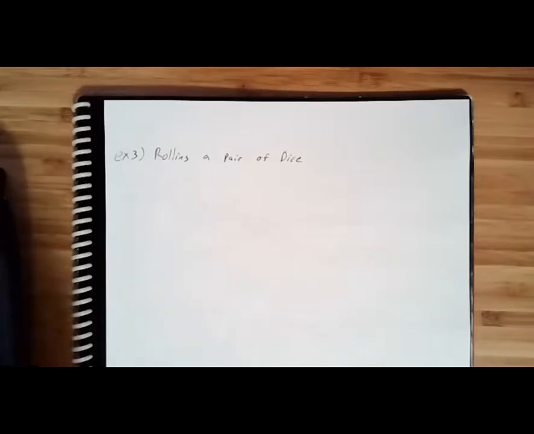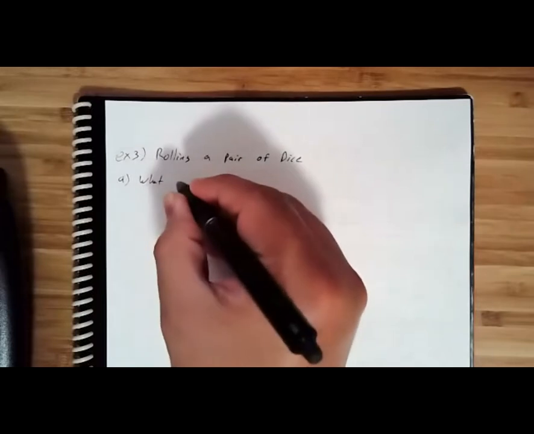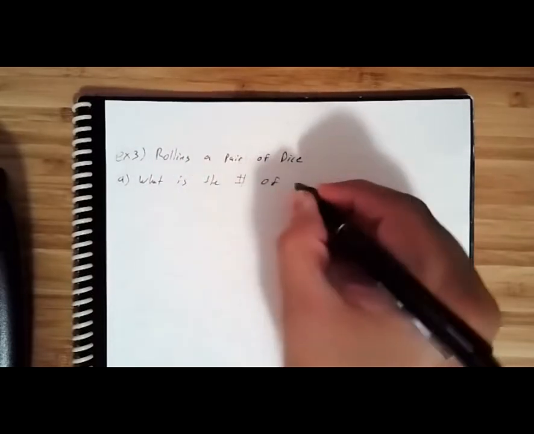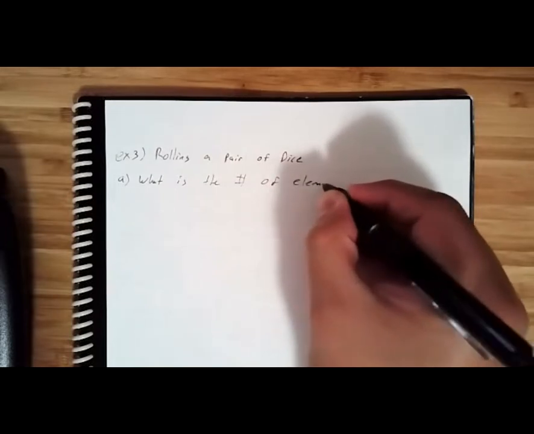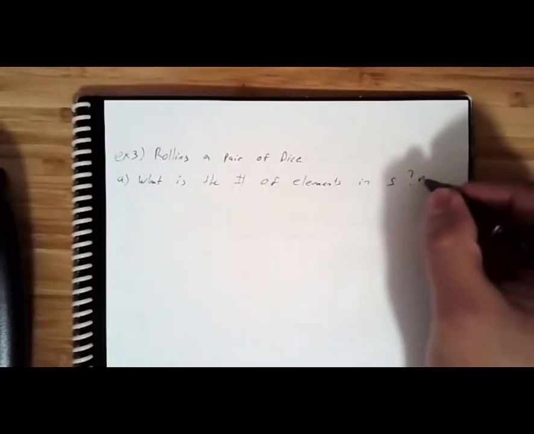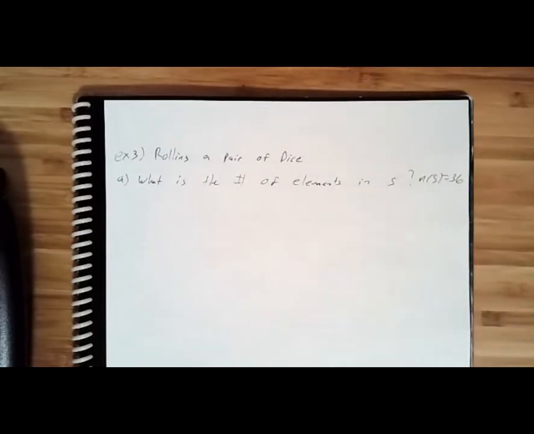So part A, what is the number of elements in S? Well, S is all the dice rolls, that'd be 36.